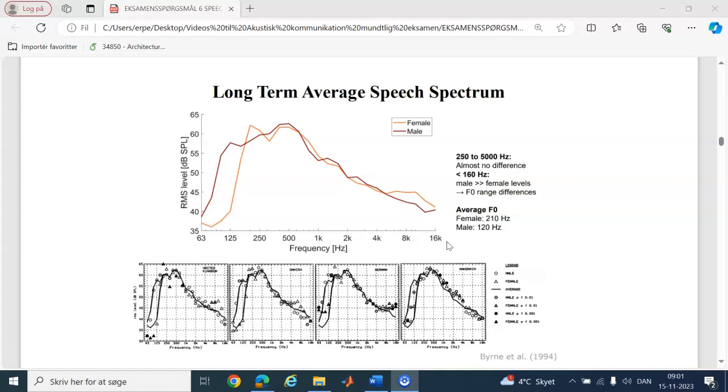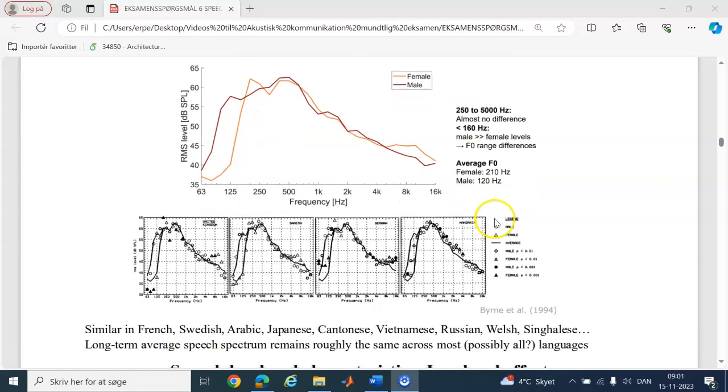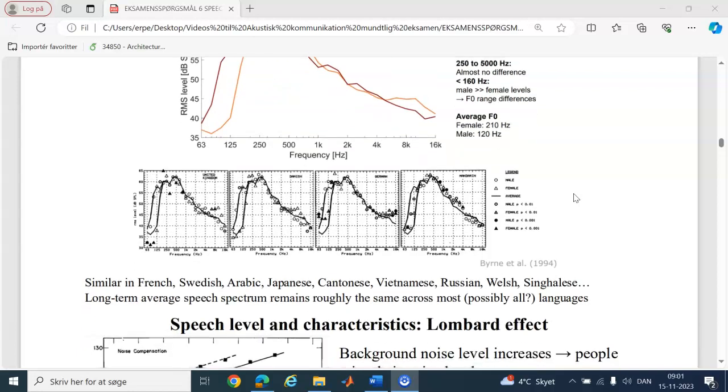Males have a lower F0 frequency than women. Women have about 220 Hz, and men could have maybe less. Female average F0 is about 210 Hz, and male on average 120 Hz.